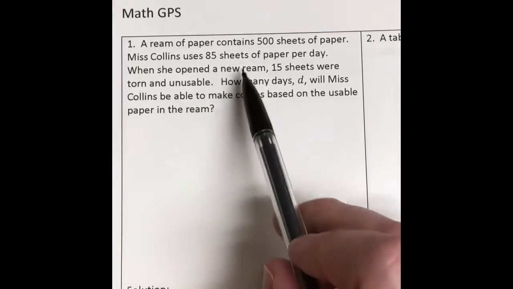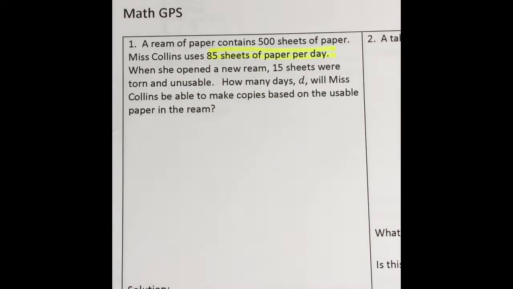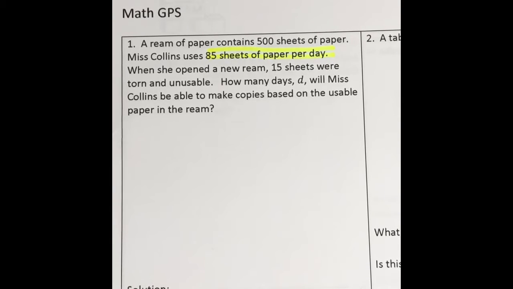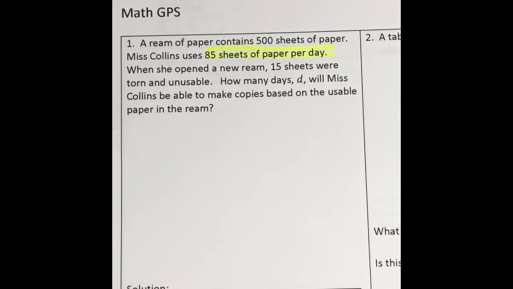A ream of paper contains 500 sheets. Miss Collins uses 85 sheets per day. All right, 85 sheets per day. When she opened a new ream, 15 sheets were torn and unusable. How many days will Miss Collins be able to make copies based on the usable reams of paper?